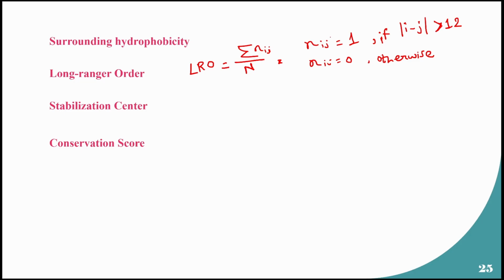Then the value of Nij you could plug in as 1, and if it is anything else, then you can plug in the value of Nij as 0.